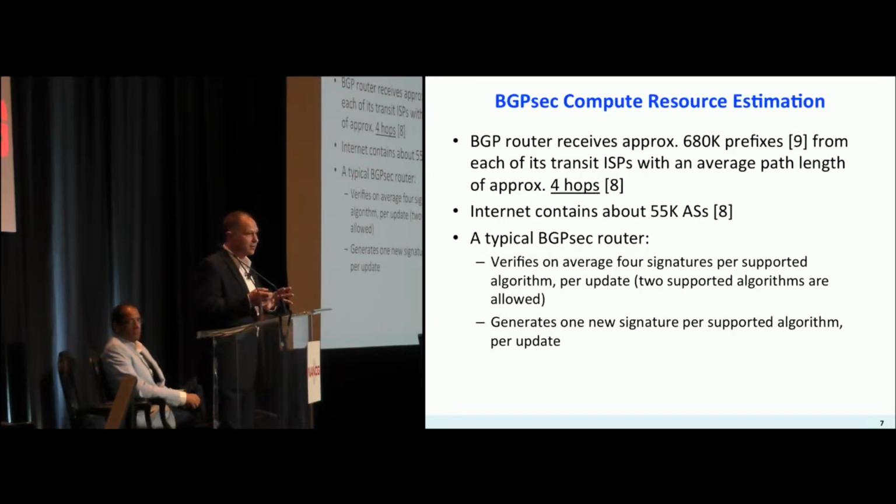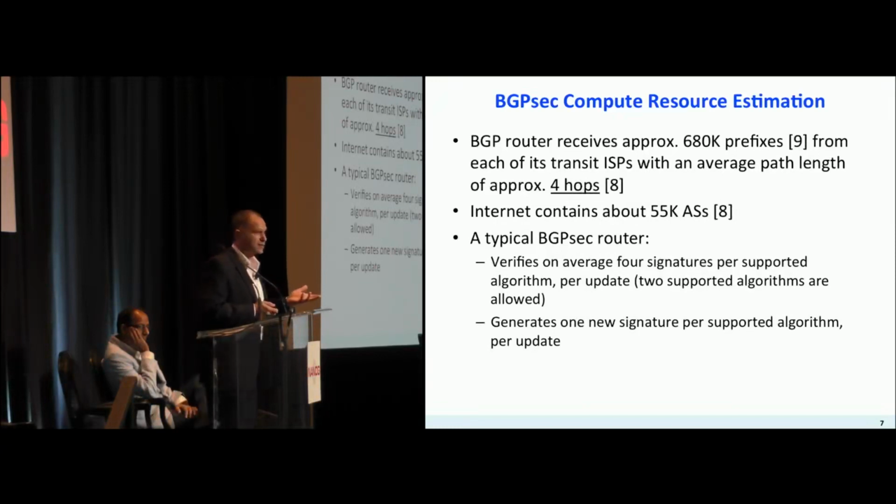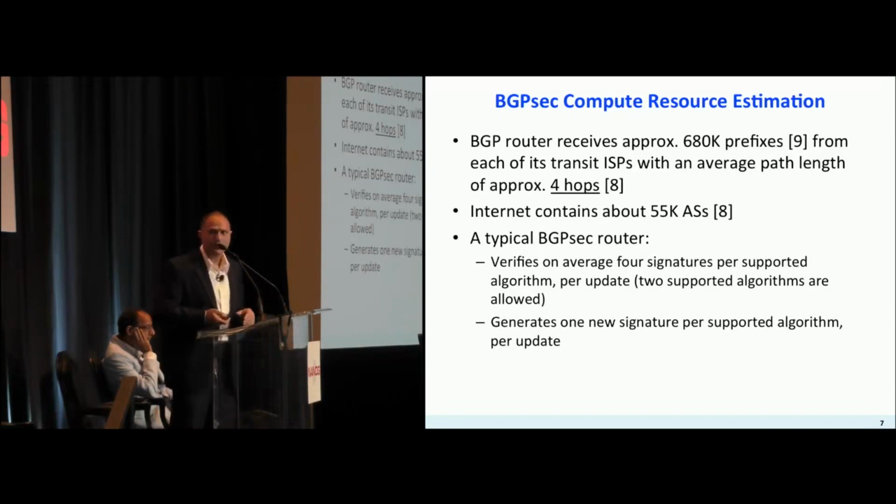If you remember in the previous slide, there was an algorithm ID. This is the particular algorithm used to sign the paths. Right now, ECDSA P256 is the algorithm of choice, and that's in the RFC of the algorithms. So that's what we're basing these discussions on.